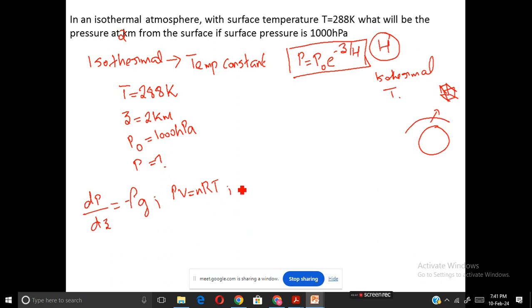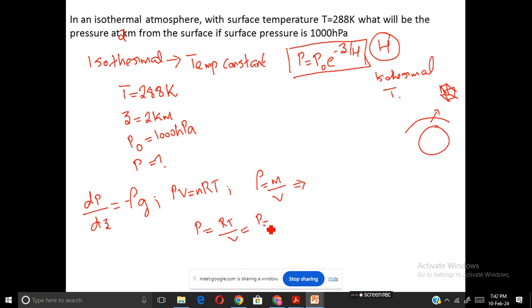So PV is equal to nRT is the ideal gas equation. Basically rho is equal to mass by volume. Here we can write P is equal to, suppose the number of moles is 1, RT by V, and we are considering a unit mass of parcel, so the mass of the parcel is 1 unit.